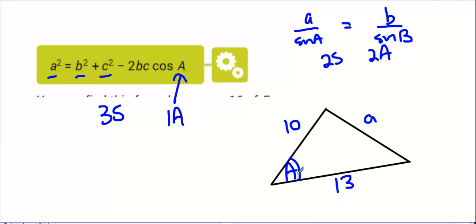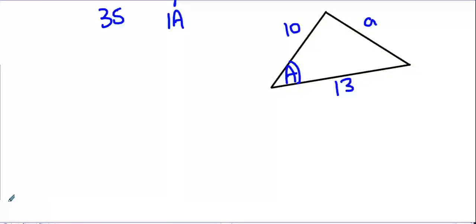You cool with this? Now, lads, can we use the sine rule to get this question? Forget about the cosine rule for a second. Can we use the sine rule? Just trying this one here, and we're going to try the length formula right here. Is this possible?